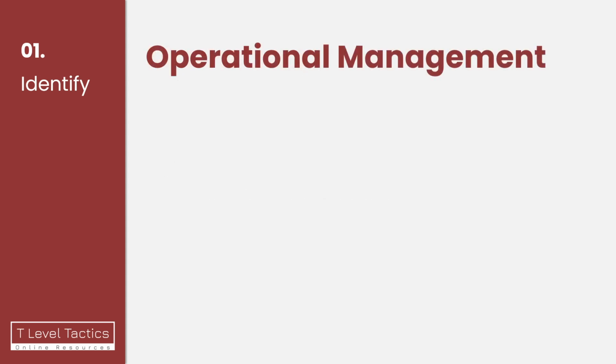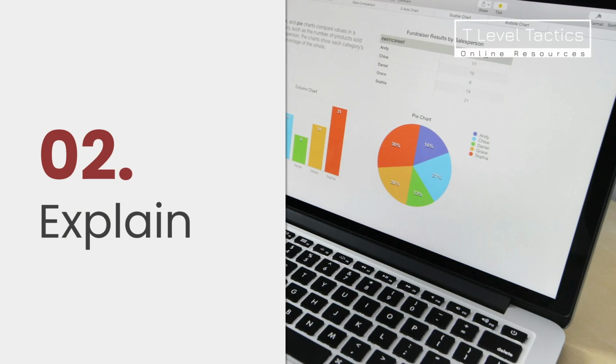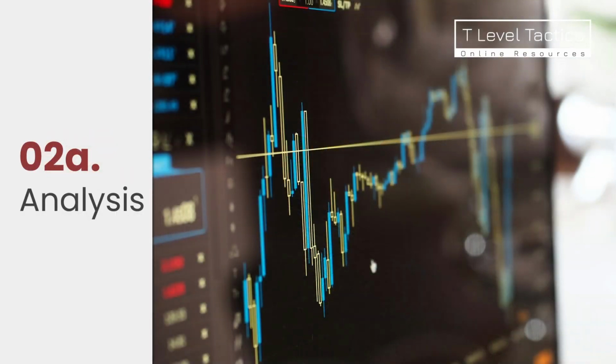And in operational management, data could be used to monitor and control different operations and aspects of the business, monitor KPIs, key performance indicators, and also improve services. So let's have a bit more of a look at each of these different aspects. We'll start with analysis.